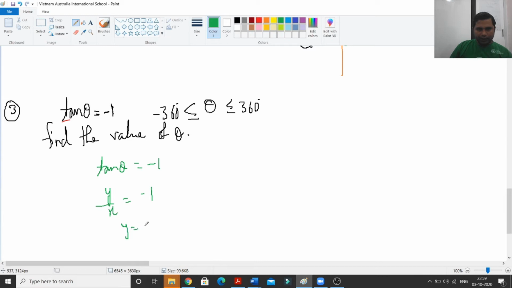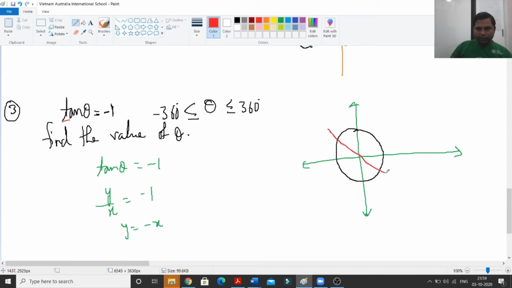So y is equal to minus x. We can draw a line in the unit circle having a negative gradient, which is y equals minus x. So let's draw the unit circle and the line y equals minus x. It will be like this. It is intersecting the unit circle at 2 points, and these are your answers.